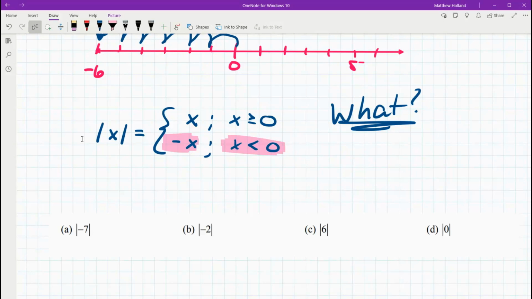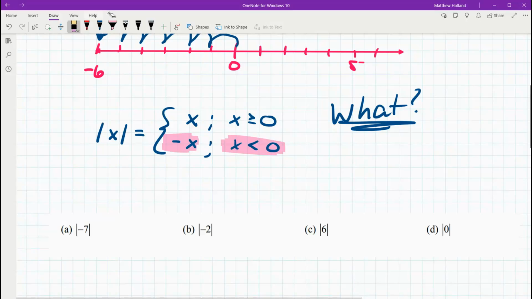If the input was -5, because -5 is negative, you do -(-5), and -(-5) is +5. So that's how the absolute value function is defined. If you want to think of it as the distance from 0 or just make it positive, that's fine, but this is the technical mathematical definition.